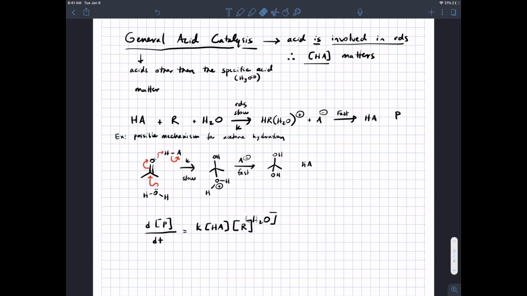Because in water, if your solvent is water, the concentration of water is like 55 molar, and it doesn't change through the course of the reaction. So k' is k times the concentration of water, just to keep you oriented. And if you forget that, that's totally fine.